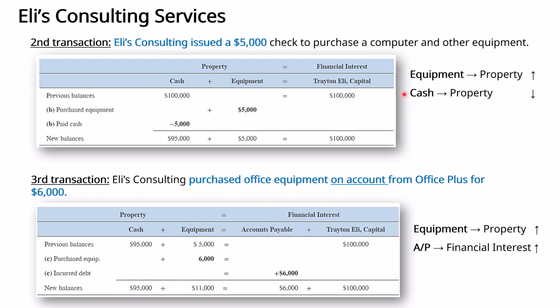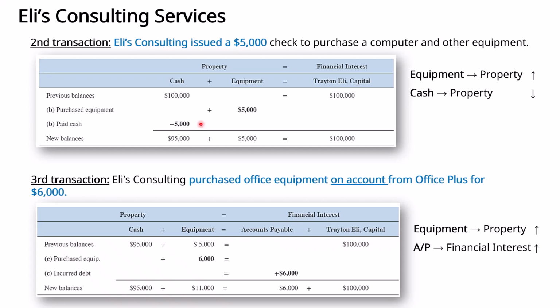To record this transaction and to keep things organized, we'll add another category on the property side for equipment and write plus $5,000 in the equipment column to show that we have more equipment, and write minus $5,000 into the cash column to show that we now have less cash.